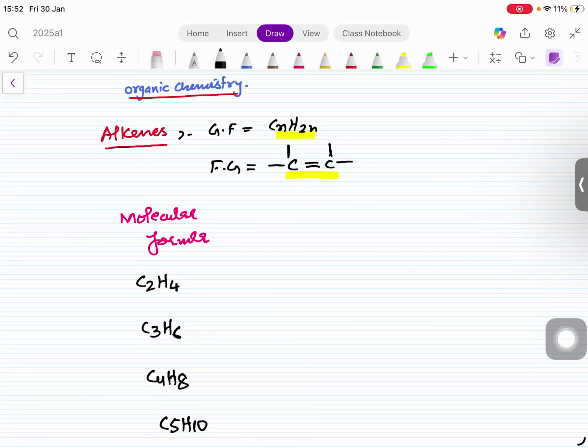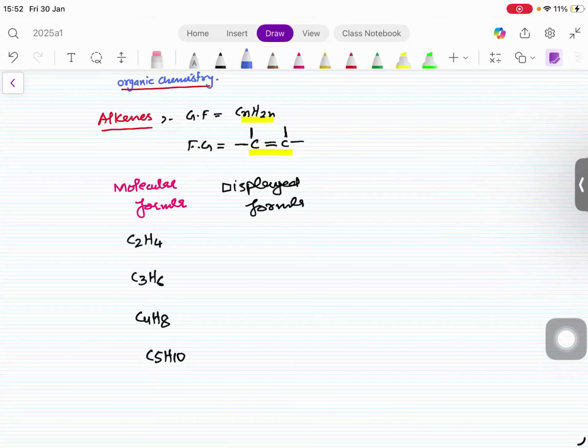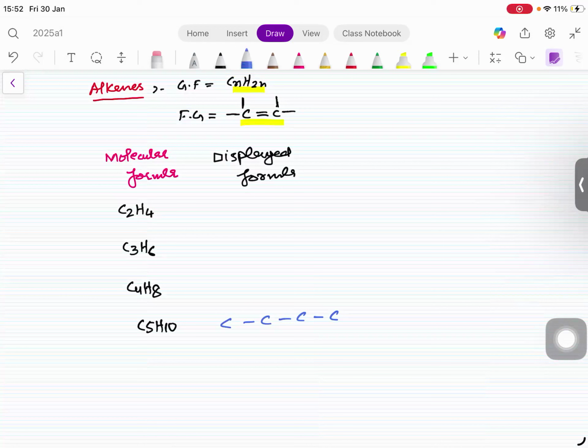Then I told you there is another formula which is known as displayed formula. I told you always draw the longest carbon chain first when you are drawing the displayed formula. Here I'm drawing the displayed formula. I have to draw 5 carbon, and then I have to put in the double bond, the functional group.